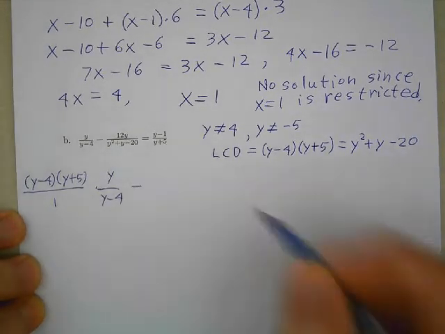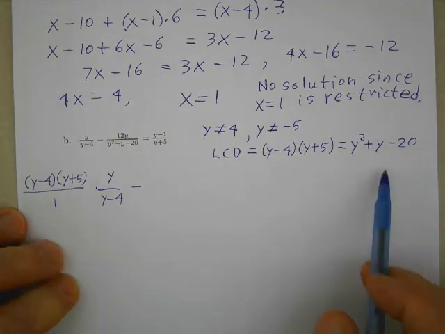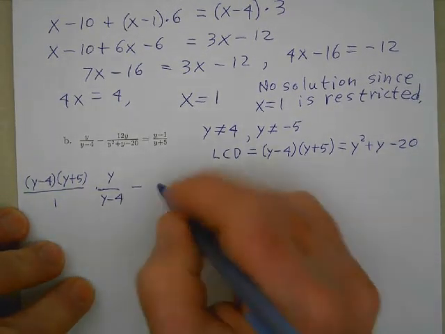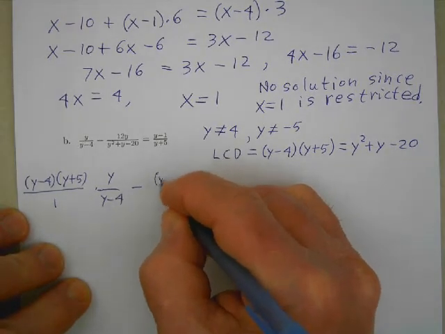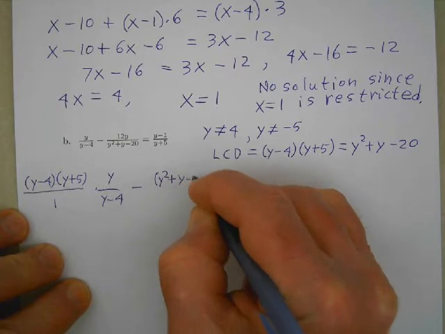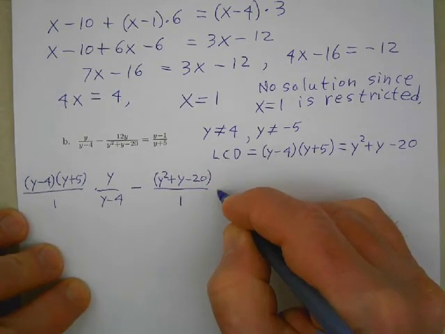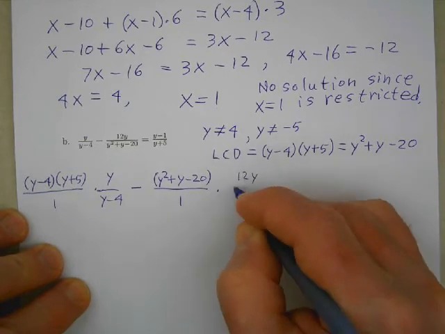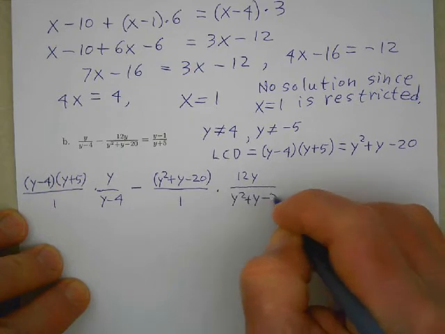And then we're going to subtract the next term multiplied by the least common denominator. So this time I'm going to use the expanded form, so it's minus y squared plus y minus 20 over 1 times 12y over y squared plus y minus 20.